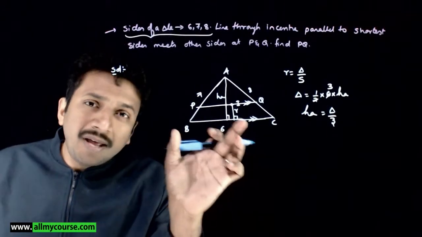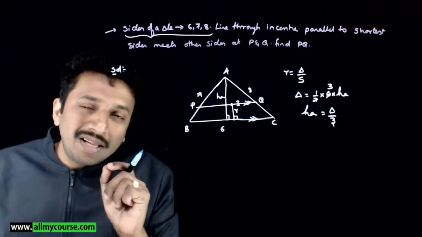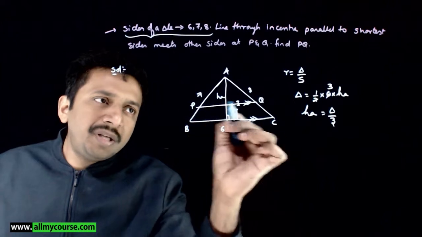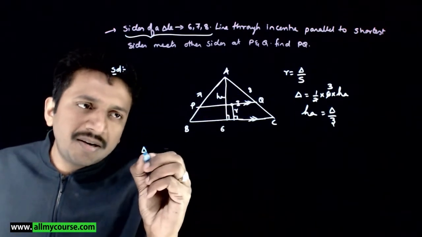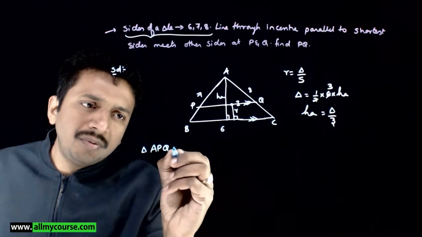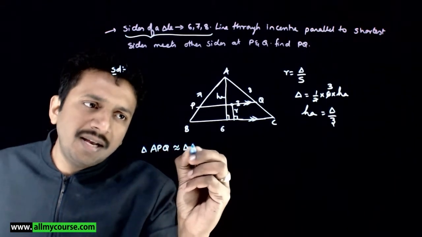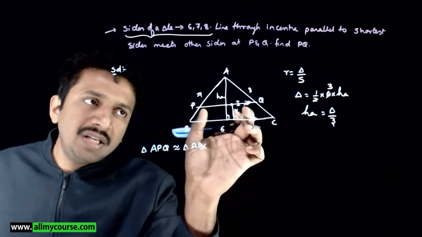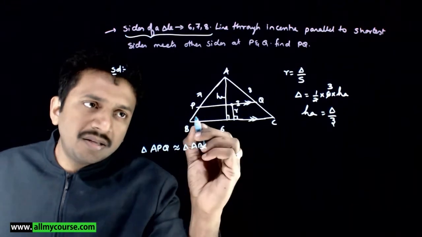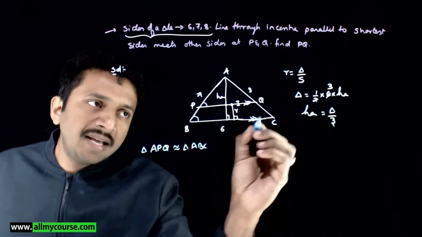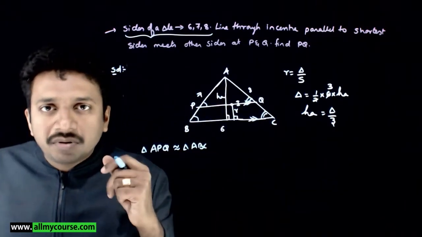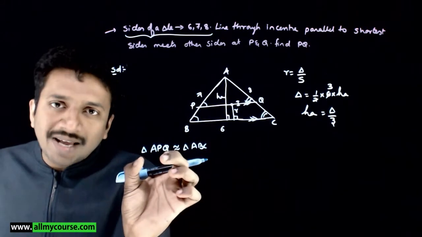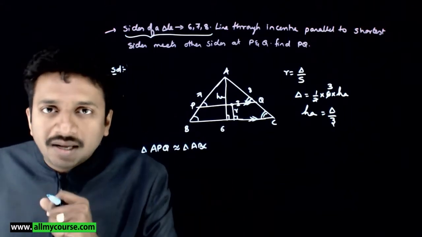So now if you carefully observe this diagram, can you see that triangle APQ and ABC are similar to each other? Triangle APQ is similar to triangle ABC because these two lines are parallel to each other, and this angle is the same as this angle, and this angle will be the same as this angle, and angle A is common. All the angles of this triangle are the same as the angles of this triangle.